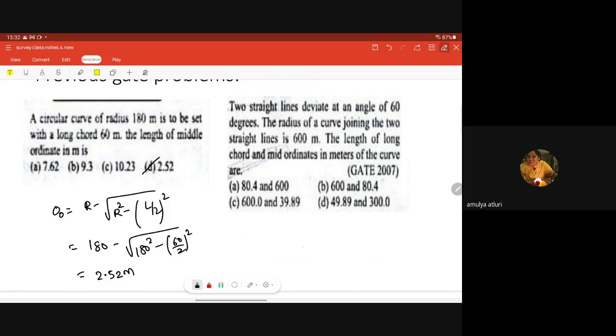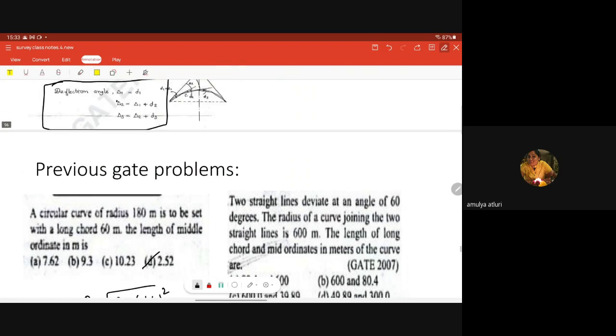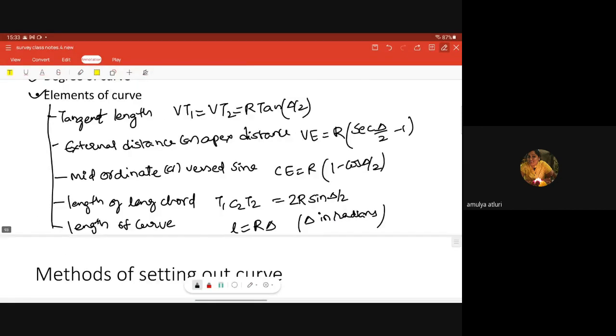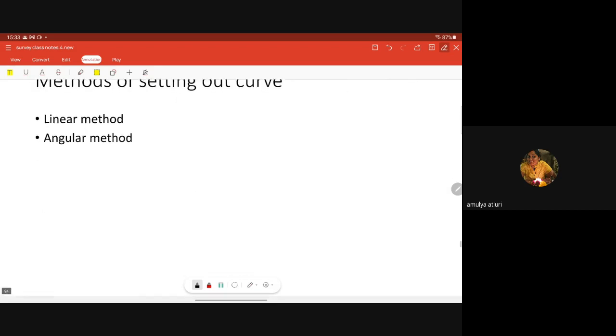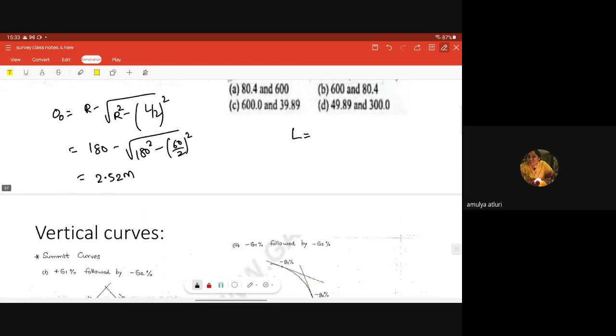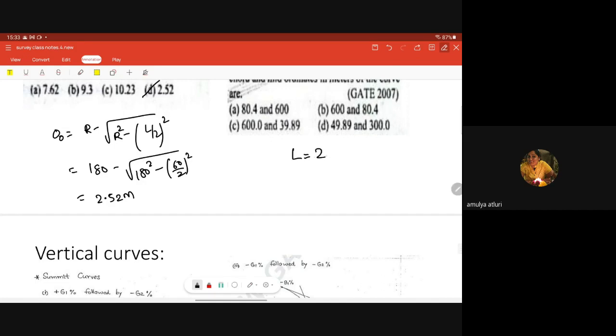They're asking the length of the long chord, which we have dealt with here. Length of long chord is 2R sine delta by 2, and mid ordinate is R into 1 minus cos delta by 2. So you just substitute your values in these formulas.